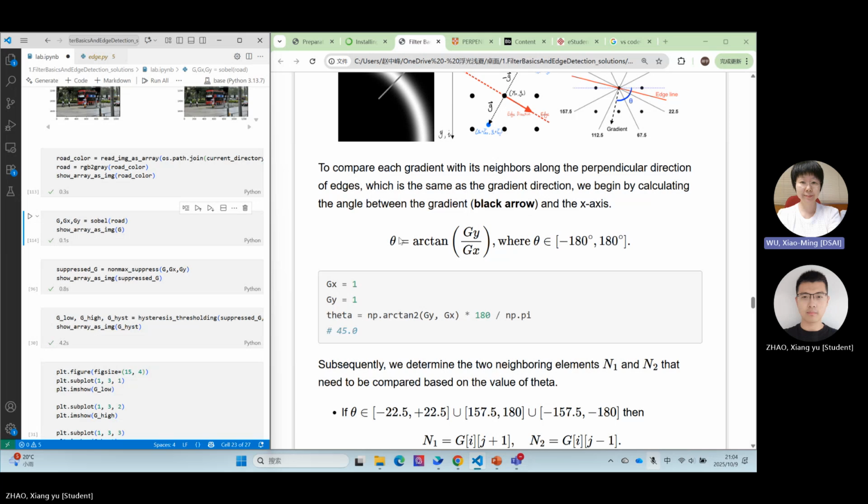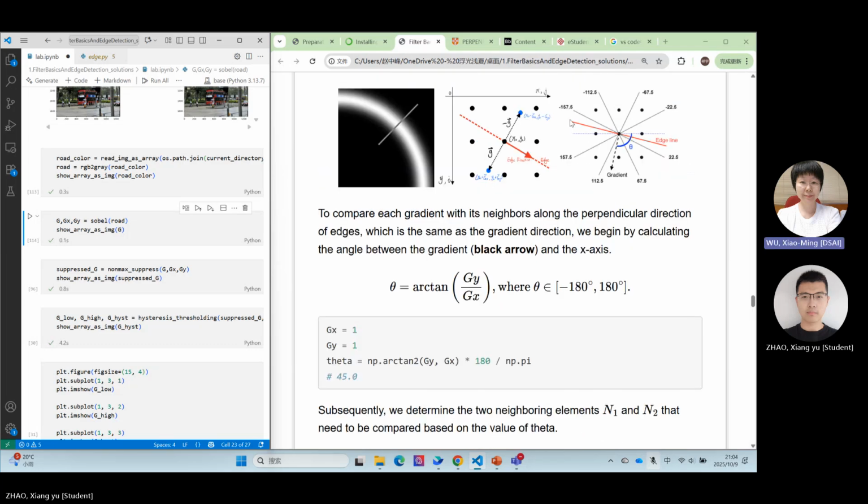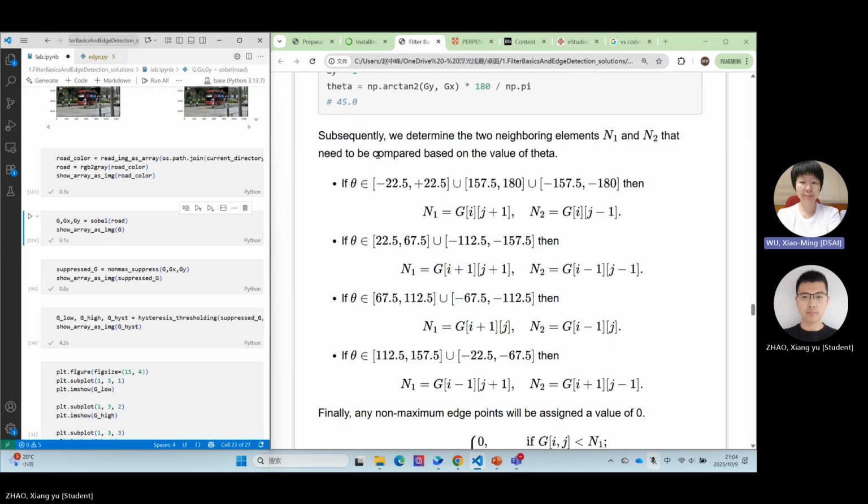You can compute theta by using the arctangent formula. After we get theta, we can use these equations to determine which N1 and N2 we should choose.